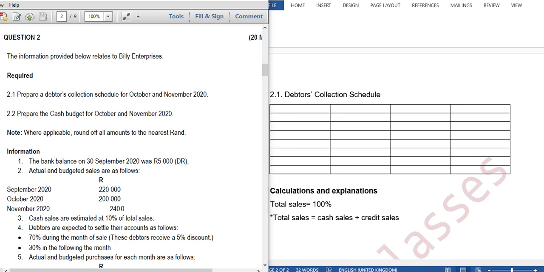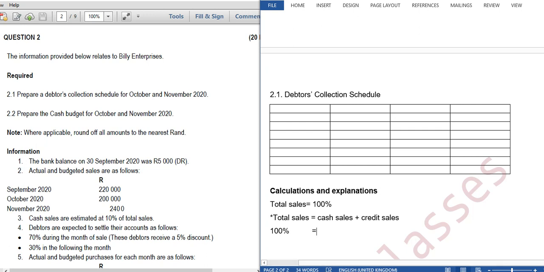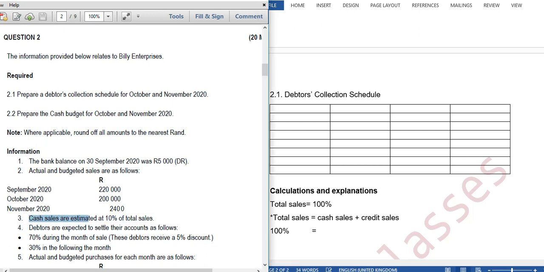We already know that we have our total sales at 100%. So here let me just write under total sales that this is 100%. Then we go back to our question. Cash sales are estimated at 10% of total sales.